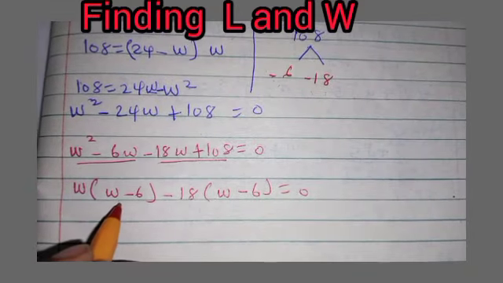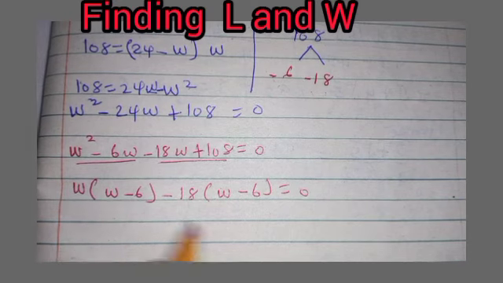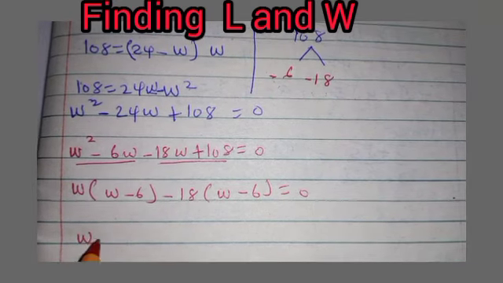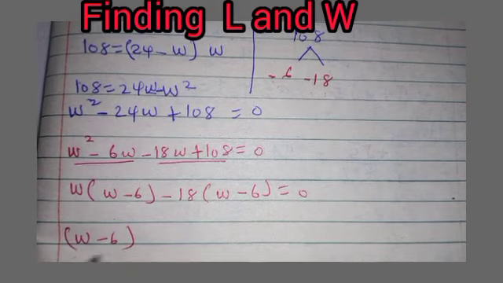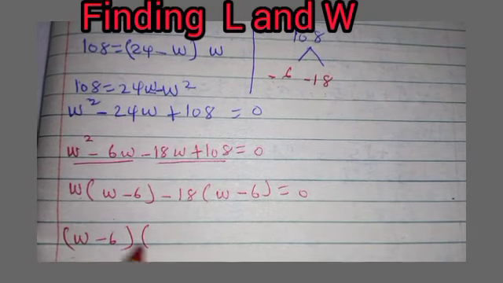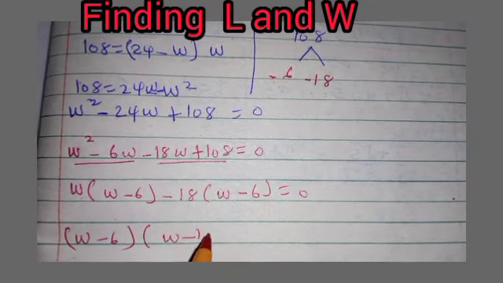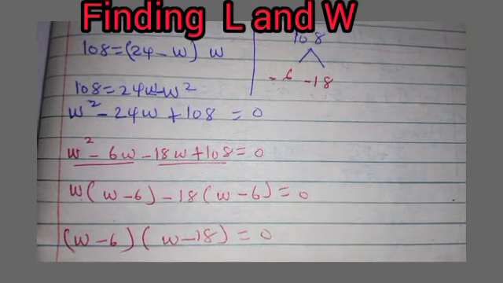Then W minus 6 is common, so we factor out W minus 6 to be left with W minus 18. This will give you 0.